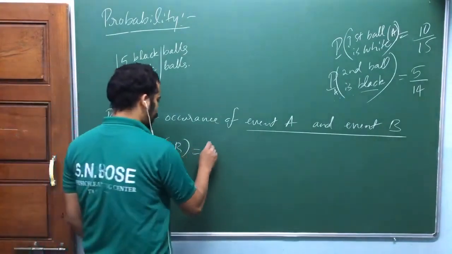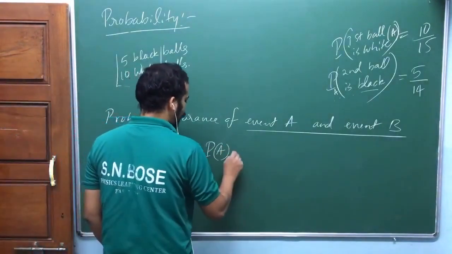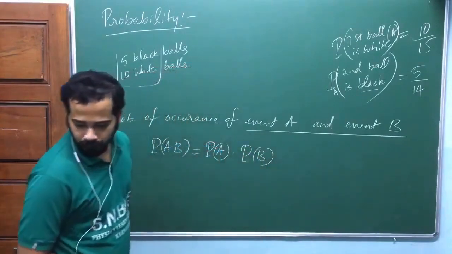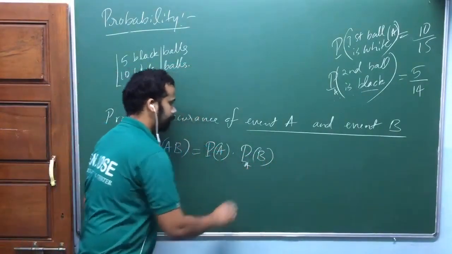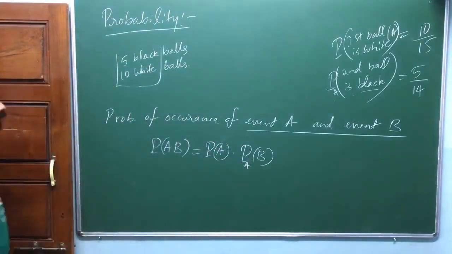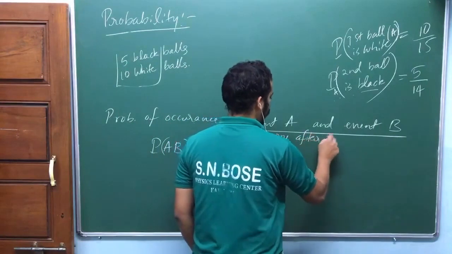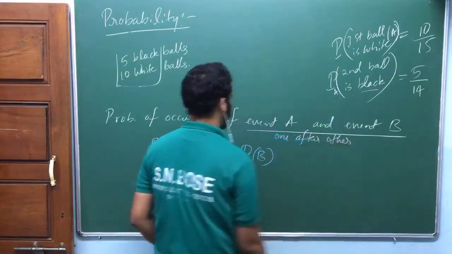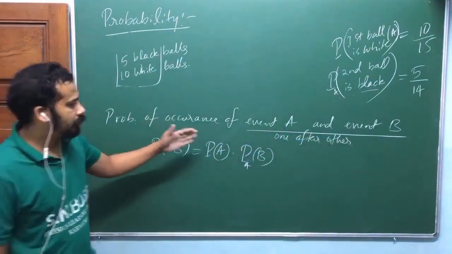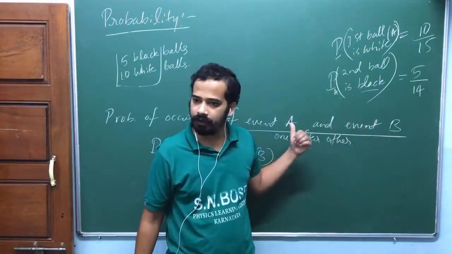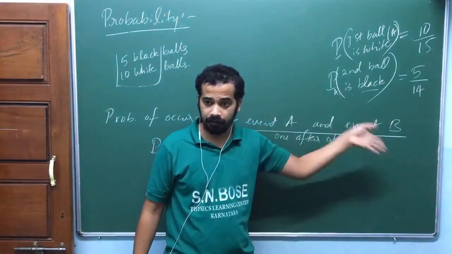That's equal to PA into PB. What we write? We write A here. Event A and event B, one after other. Okay, probability of occurrence of event A and event B, one after other. First event is A, second event is B. Okay, in this order it is happening.